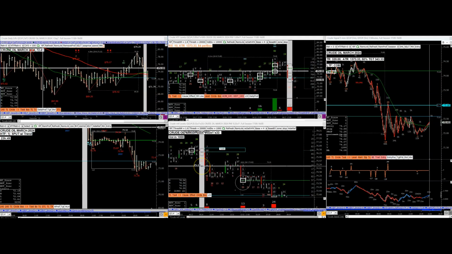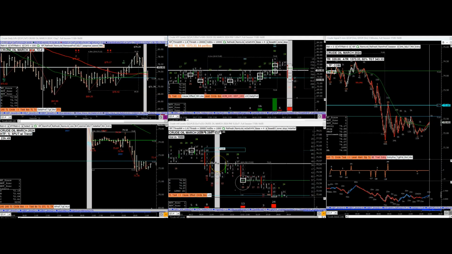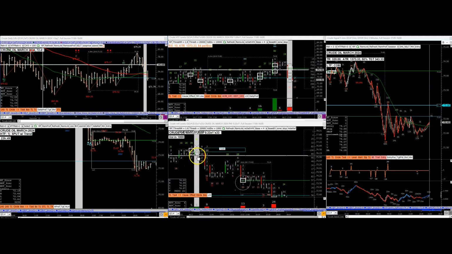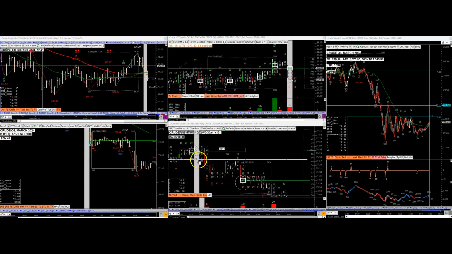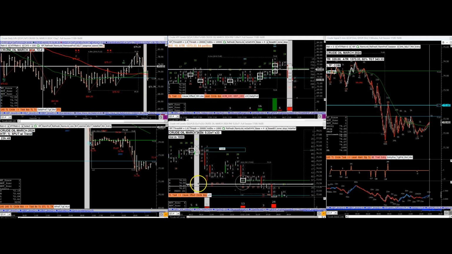Then we have this 8. This is okay, right? I wouldn't trade this 8 right away, but because we have this other red bar after it, we can get a pullback that's 40-50% back that can give you something, right? And I'm also looking at this 5 because that's what caused the breakdown. So the 5 and the 8 look very appealing.